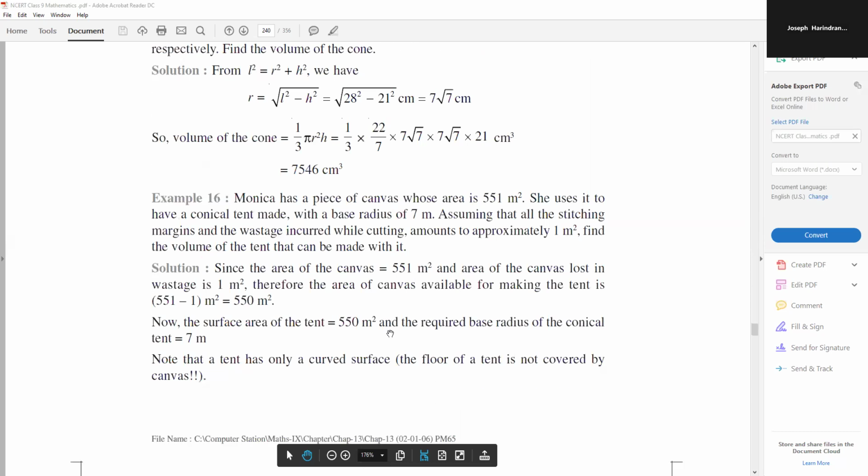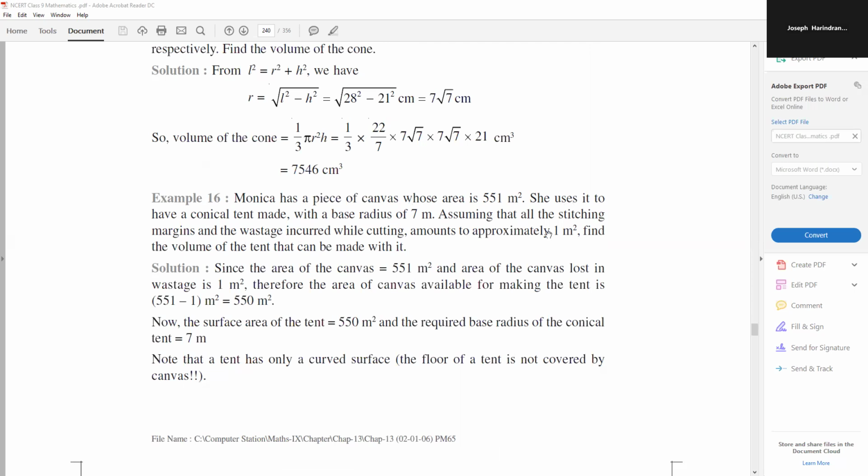In this example, Monica has a piece of canvas of 551 meters square. She uses it to make a conical tent with a base radius of 7 meters, assuming that all stitching margins and wastage incurred while cutting amount to approximately 1 meter squared.